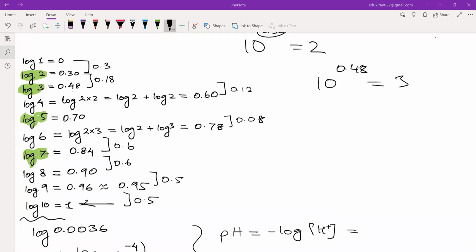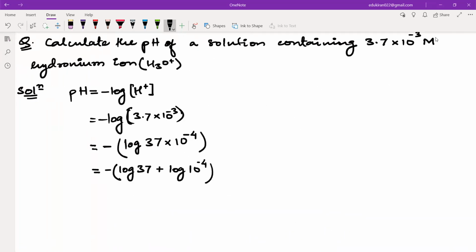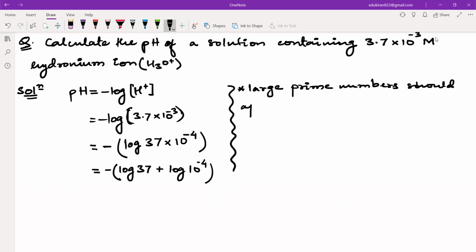So by using this trend, whenever you get a large prime number, it should be approximated to the next number. What do I mean? Rather than calculating log of 37, I will calculate the log of 38.